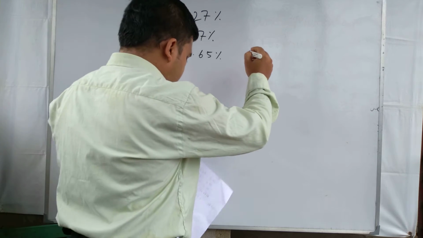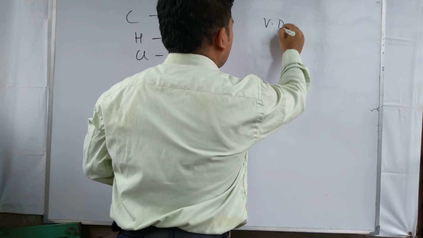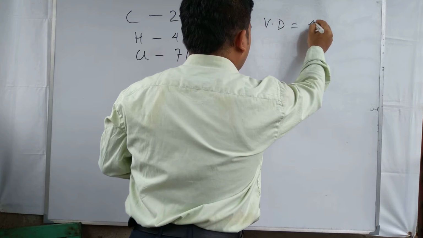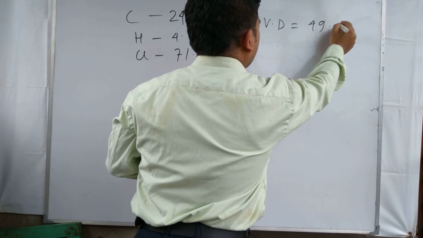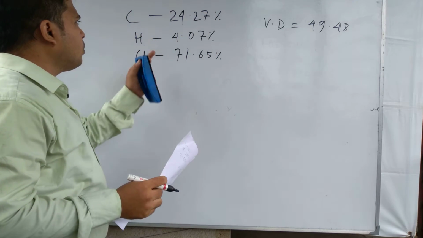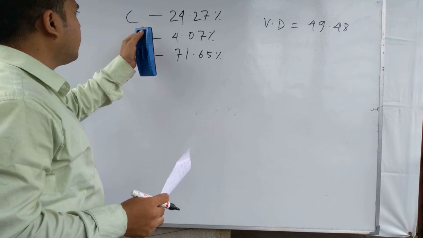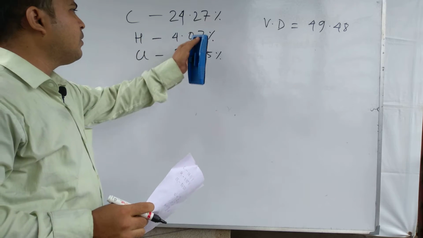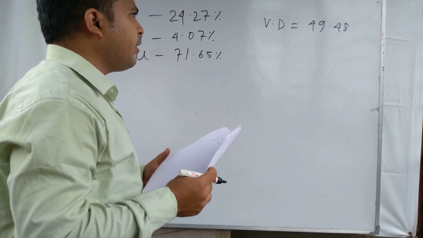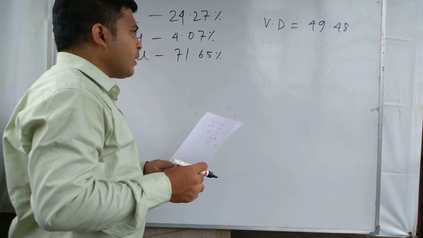Now its vapor density is given as 49.48. The compound contains carbon, hydrogen and chlorine in these percentages respectively, and the vapor density of this compound is 49.48.